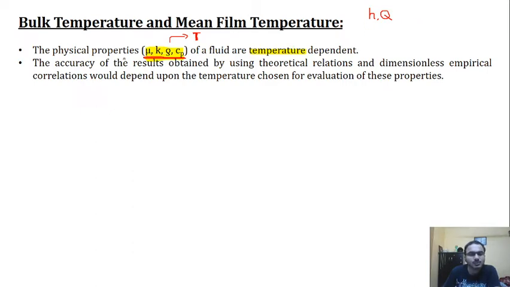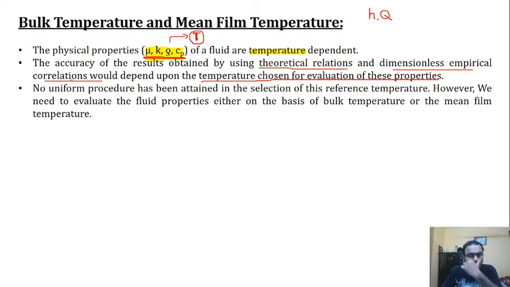So whether we have a theoretical relation or dimensionless empirical correlations, the accuracy will depend on this temperature that is chosen for evaluation of these properties.